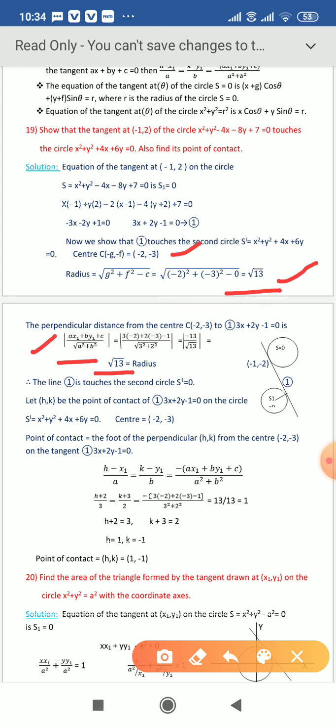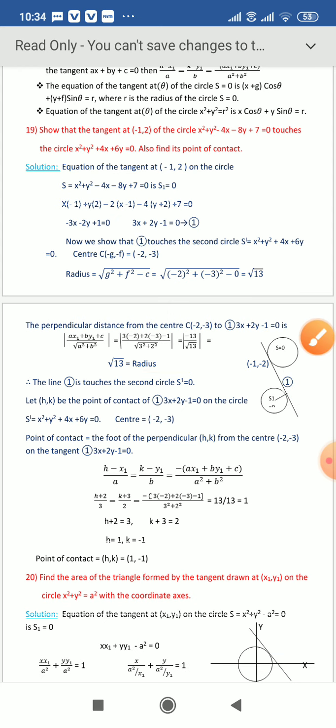So the perpendicular distance from the center to the line is equal to the radius. Therefore the line 1 is a tangent to the second circle like this. Okay, this is the second circle tangent. So the tangent of the first circle at (-1, 2) is also a tangent of the second circle.